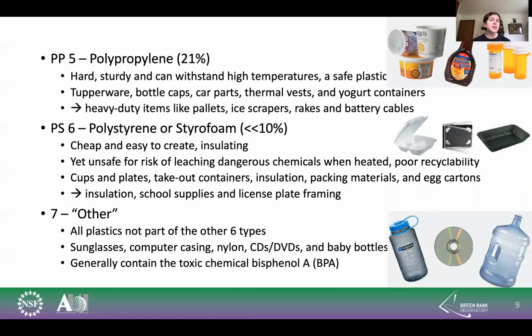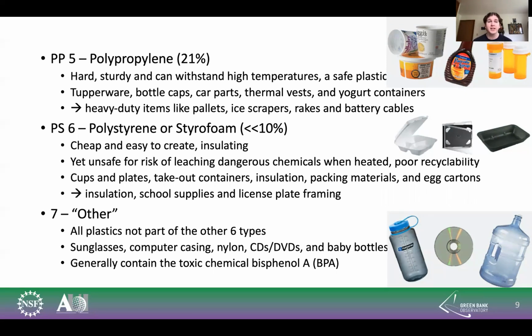Then we have polypropylene 5. This is the second most commonly produced plastic, and you'll find it quite often in your daily life. It's a very hardy plastic that can withstand high temperatures and is considered quite safe for food products.